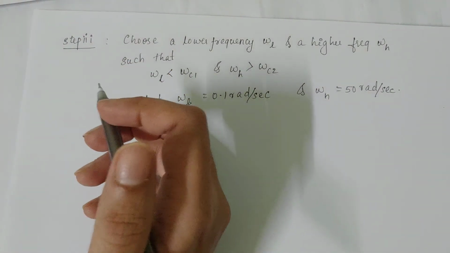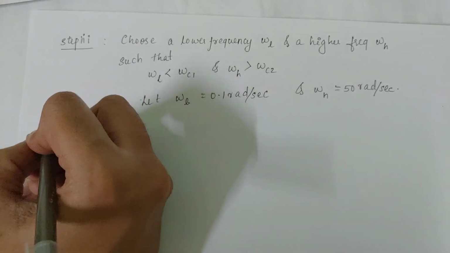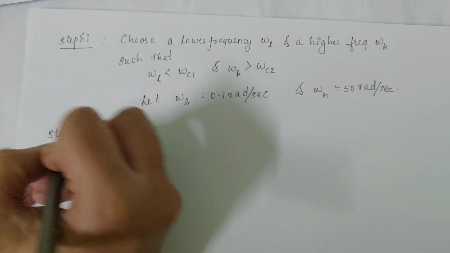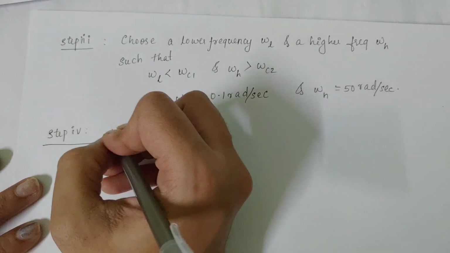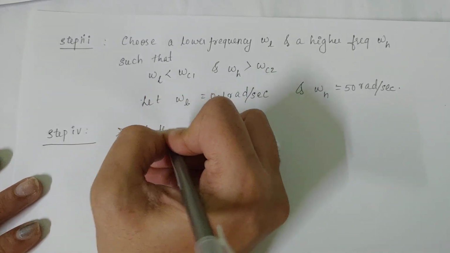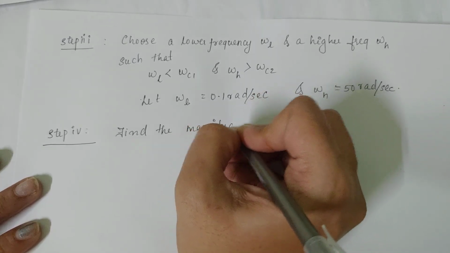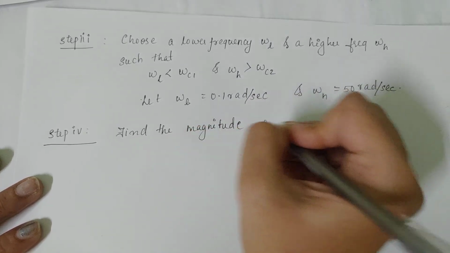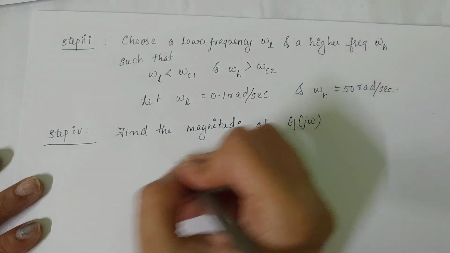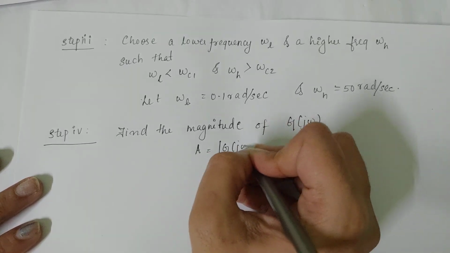Now, step 4 is find the magnitude of G of j omega, where A is equal to mod G of j omega.